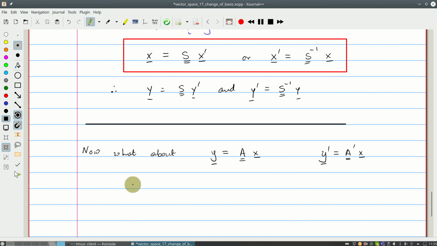Let's take the primed relation. So y prime, the column vector, is equal to the A prime matrix times x prime. But we know that y prime is equal to S inverse y. So therefore, S inverse y is equal to A prime, and x prime is S inverse x.